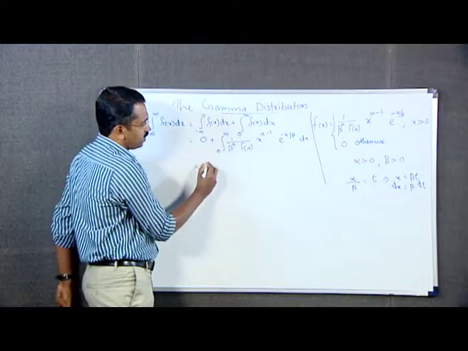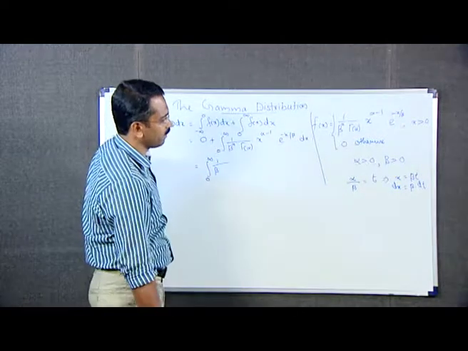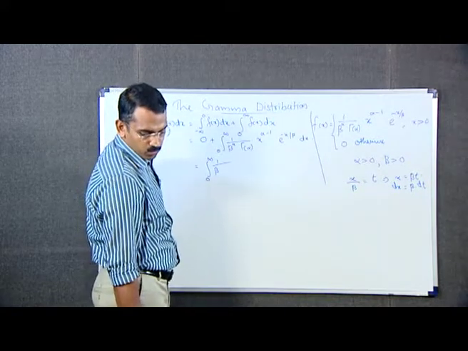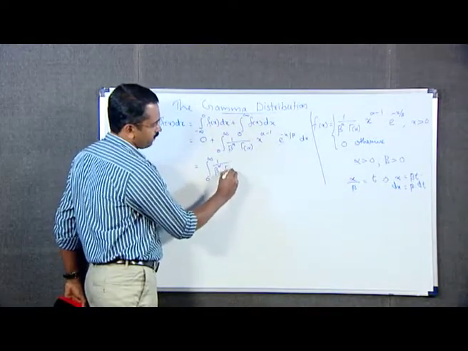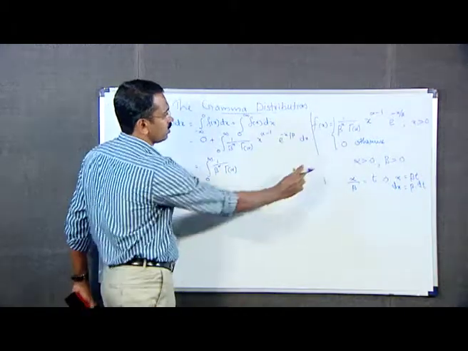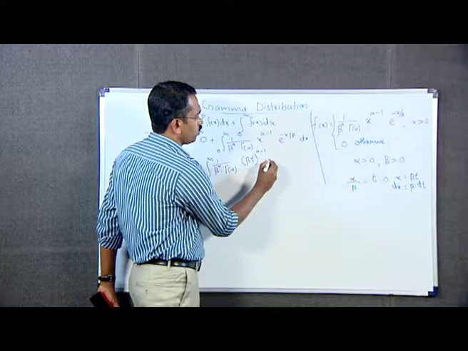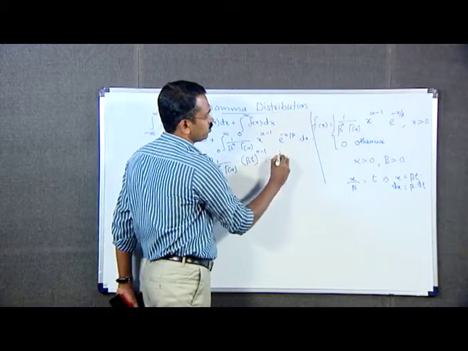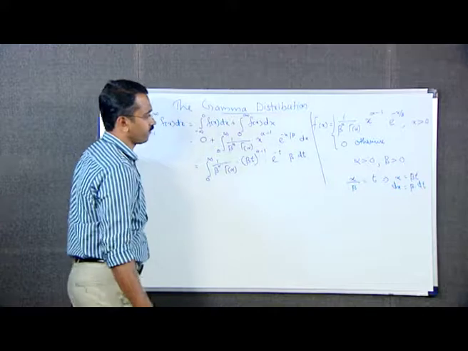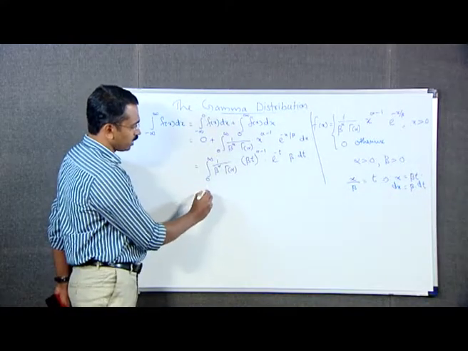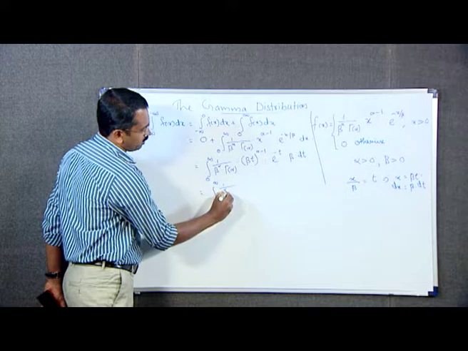This integral will become the integral from 0 to infinity of 1/(β^α Γ(α)) times (βt)^(α−1), times e^(−x/β), which is e^(−t), and dx is β dt.